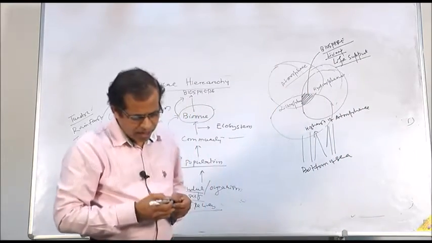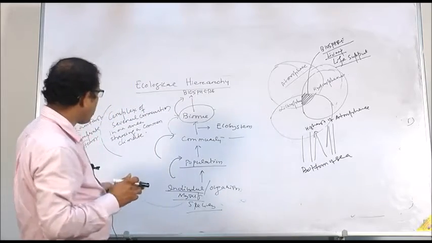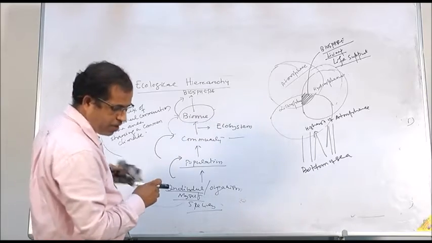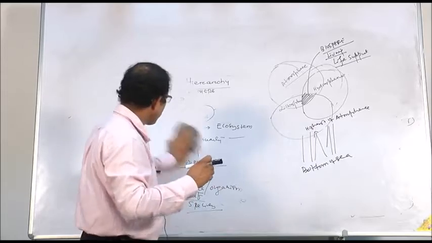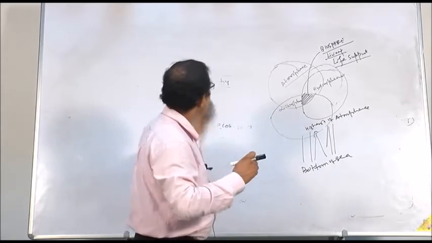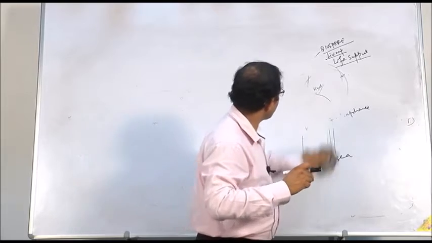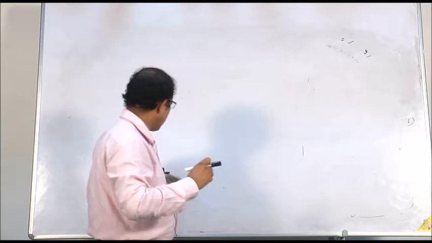Now, from that one can analyze the levels of organization. Let us take an example to have more clarity, starting from the organism to the biosphere.